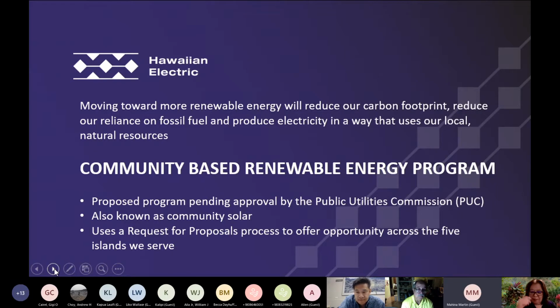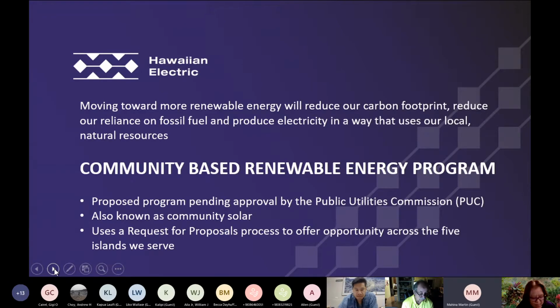And essentially, they were able to take that feedback from the community, compile it into an addendum that was then attached to a request for proposals to help any developer in the future coming forward that wants to do business on Molokai. We thought we'd help them learn some things ahead of time. We get asked often, why aren't developers here locally? Why are so many of them coming from the mainland?